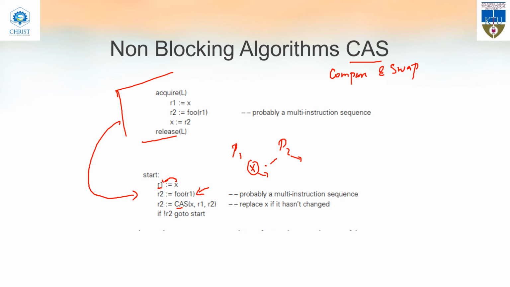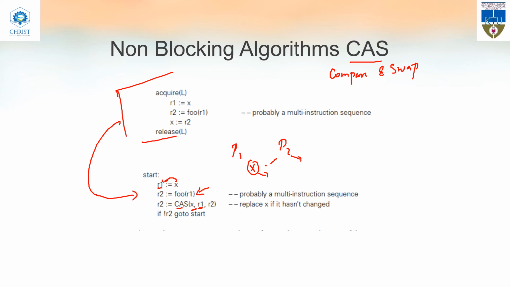It will compare R1 and x, the value of x now. The previous value of x before execution of P2 starts is R1. So it will compare the current value of x with the previous value of x.